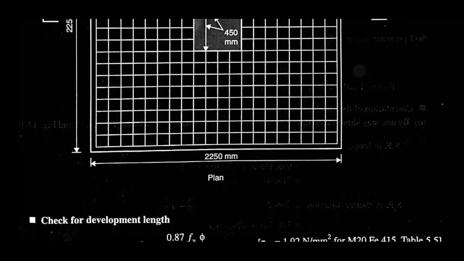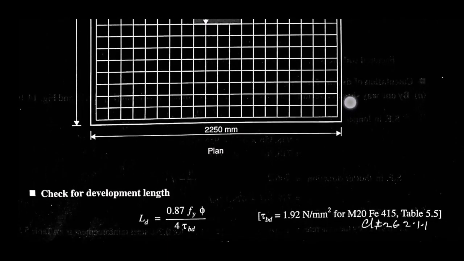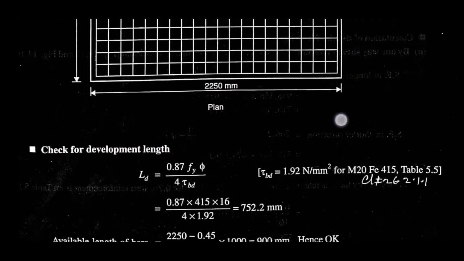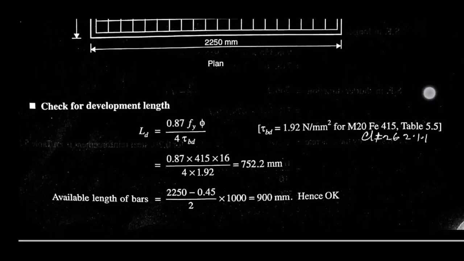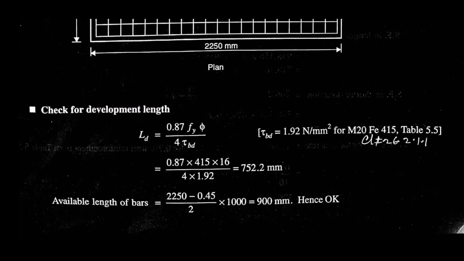But before the end we have to check for development length. So for development length, we have to follow clause number 26.2.1.1 of IS 456 2000.